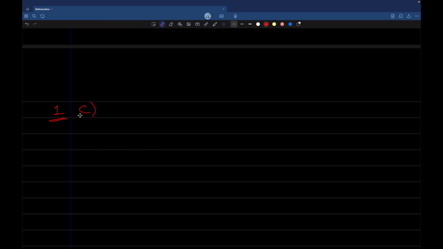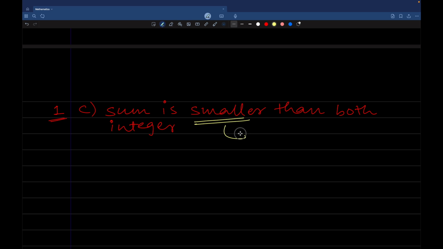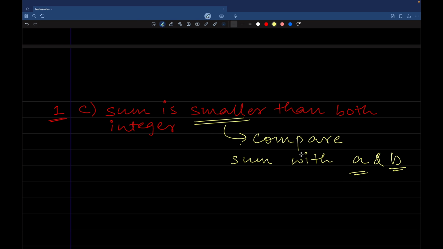Question number 1c. We have to find integers such that the sum is smaller than both the integers. In this question they are asking to find smaller, so we have to compare the sum with a and b.